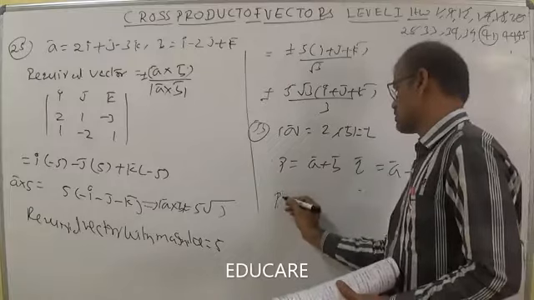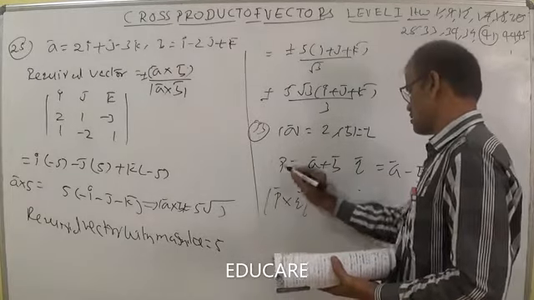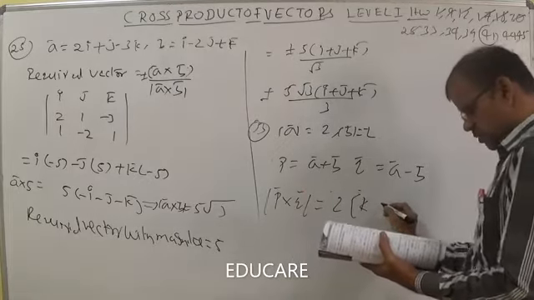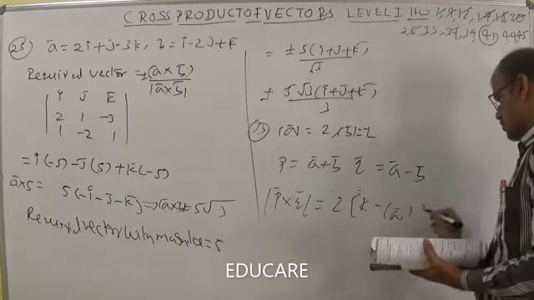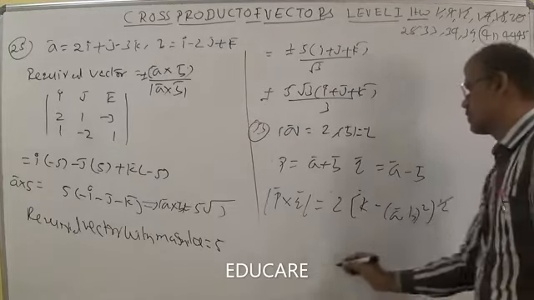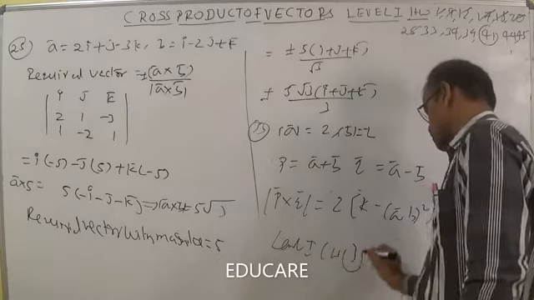And modulus of P cross Q is equal to 2 into (k minus A dot B) whole square, total power 1 by 2. I think we discussed this one in level 1 class 2, third question.